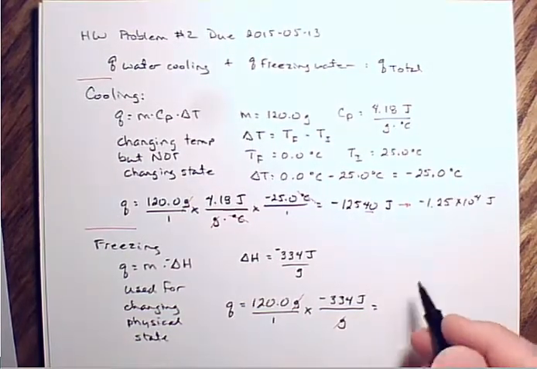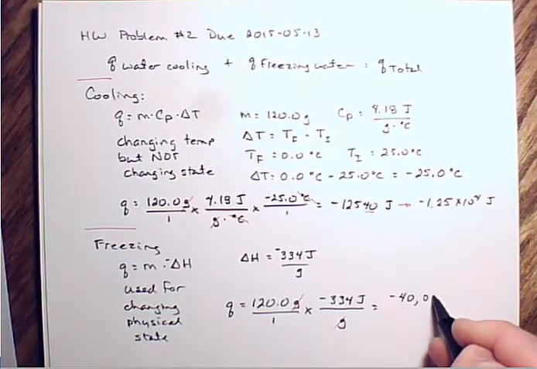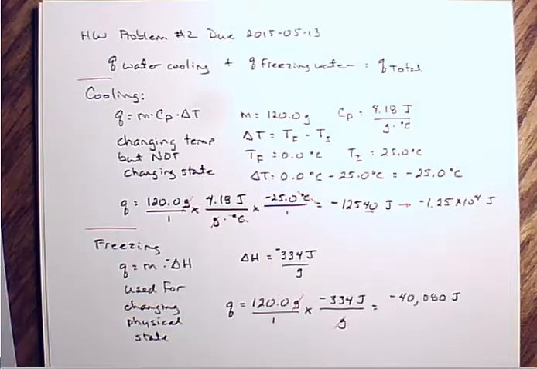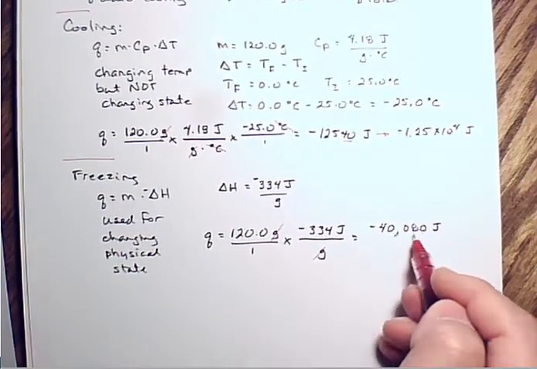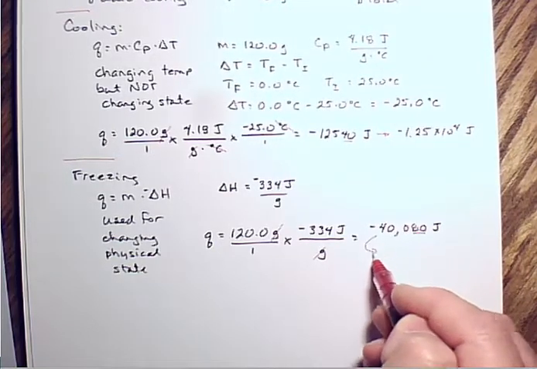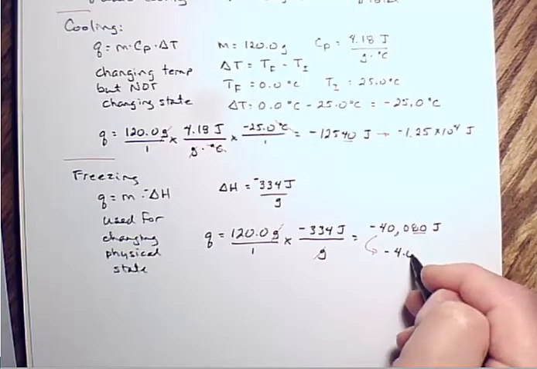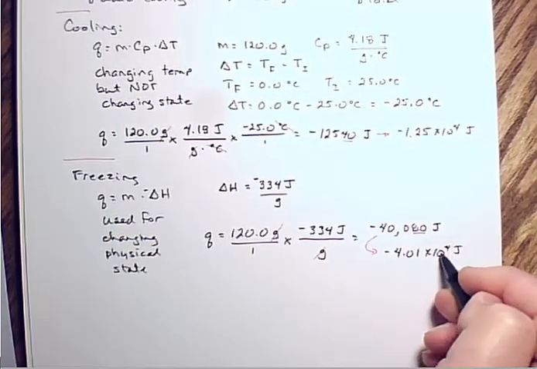We're going to do the math, and we get negative 4080 joules. Again, we have to consider significant digits. This calculated number here has the least digits. We'll have the same number of digits in our final answer, 1, 2, 3. Underline those and round it off to a negative 4.01 times 10 to the 4th joules.